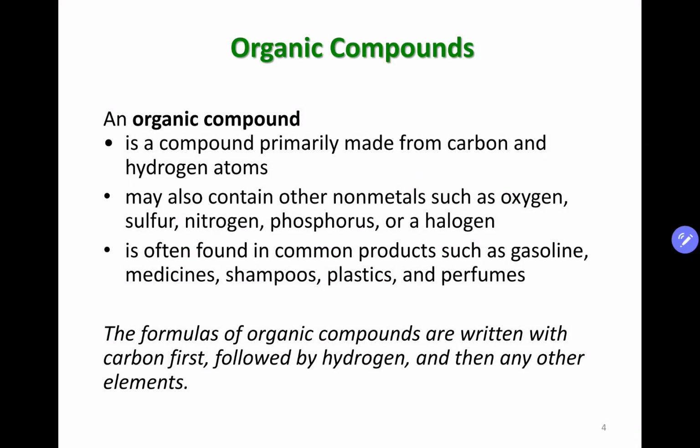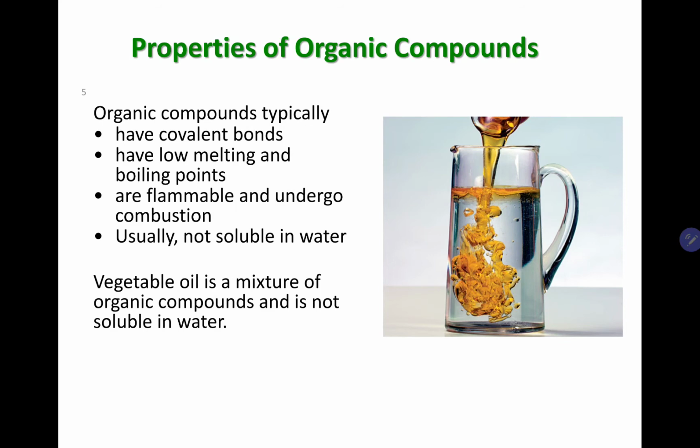Okay, and then let's talk about their properties. We will try to talk about the properties of organic compounds as compared to inorganic compounds. So let's say we will talk about properties of organic compounds as compared to water, which is actually a very common and a very important inorganic compound, right?